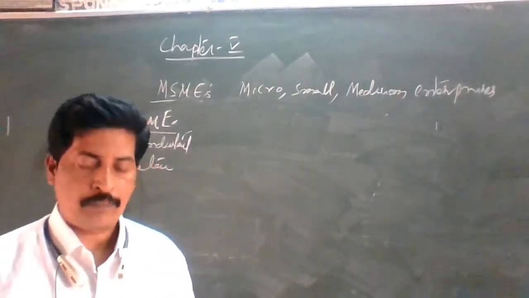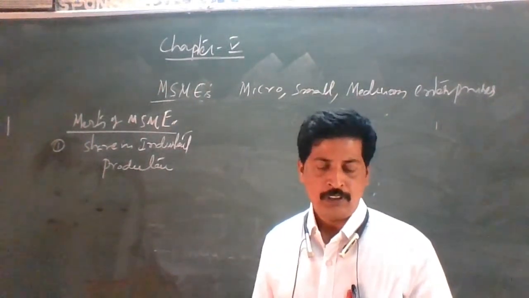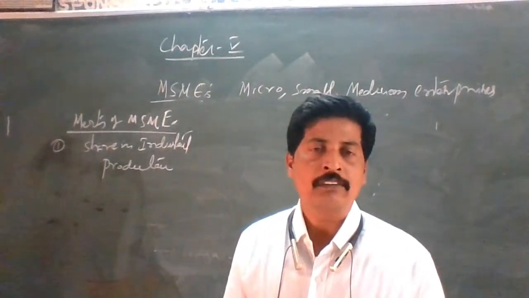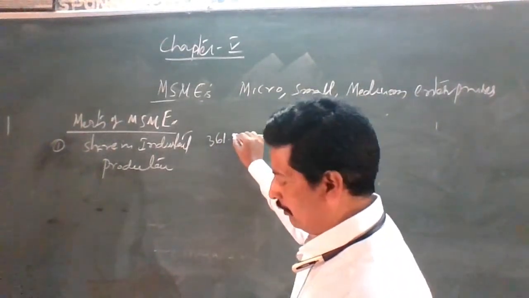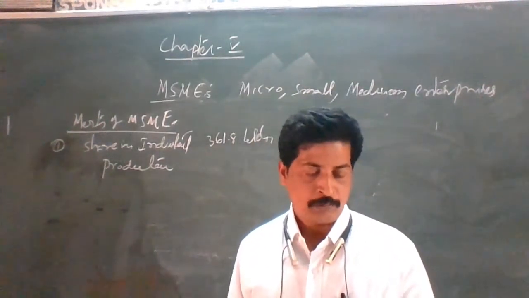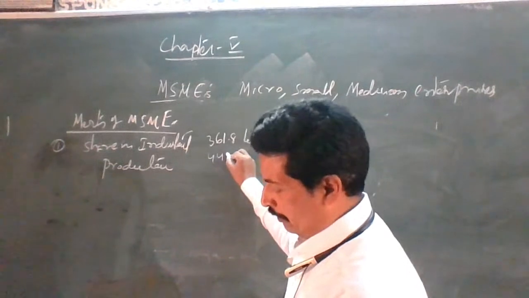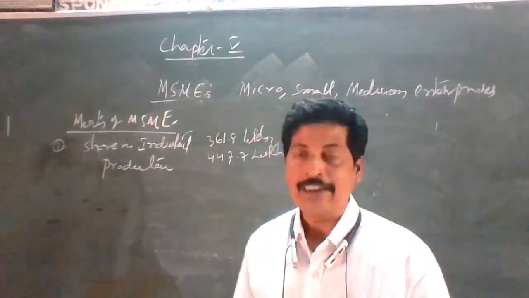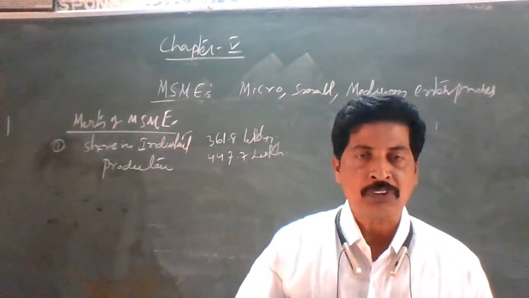The total number of MSME units in the year 2006 and 2007 was 361.8 lakhs, and the number has increased to 447.7 lakhs. So the number of units has increased from 2006 and 2007.